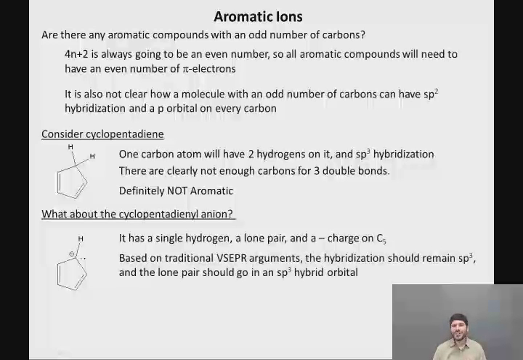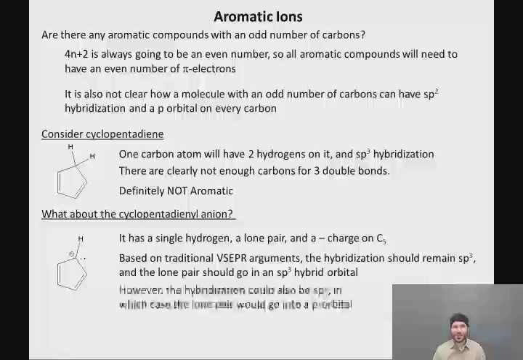So based on traditional VSEPR arguments, the hybridization at carbon 5 should remain sp3, and the lone pair should go into an sp3 hybrid orbital. However, the hybridization could also be sp2, in which case the lone pair would go into a p orbital.